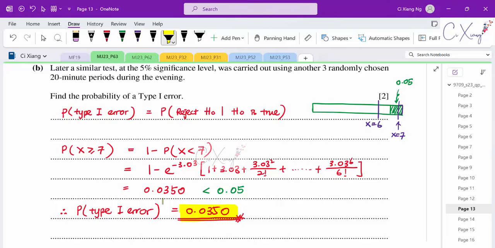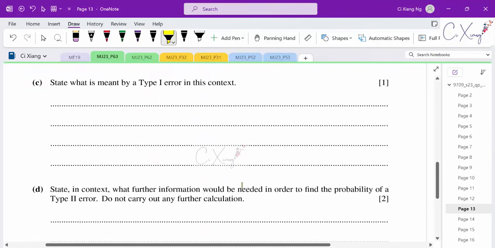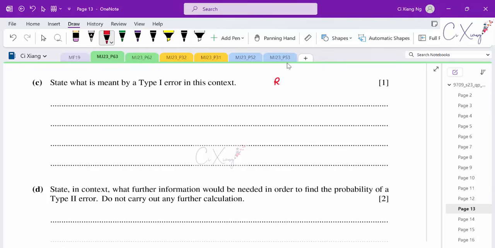Let us proceed to part C. Okay, so for part C, they want us to state what is meant by the type 1 error in this context. Type 1 error, like what I told you just now, is that we reject the null hypothesis given that the null hypothesis is true.